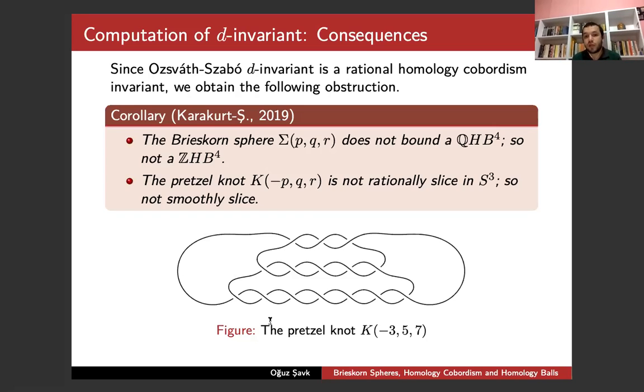We get this obstruction because if you assume that these pretzel knots are rationally slice, as I said before, their double branched covers give these Brieskorn spheres so that they bound a rational ball. This is an obvious contradiction.